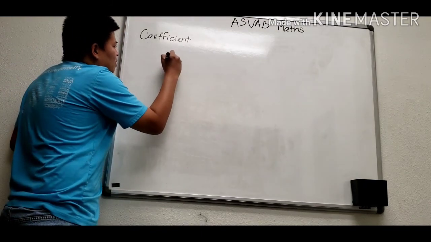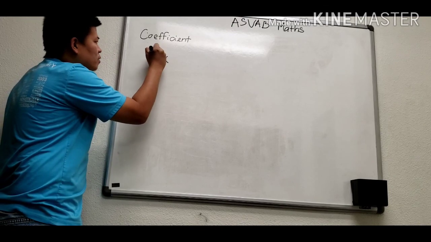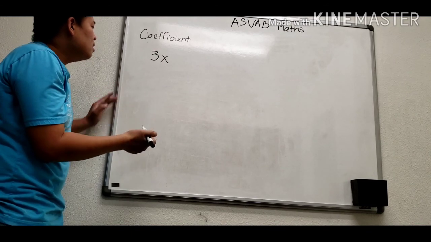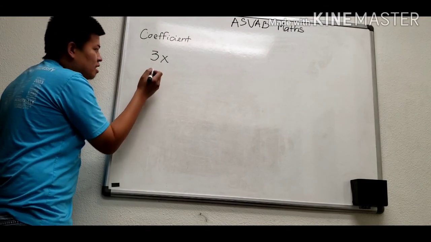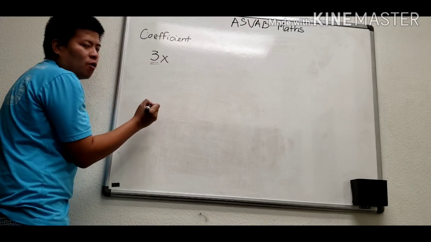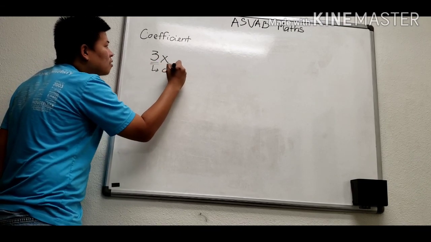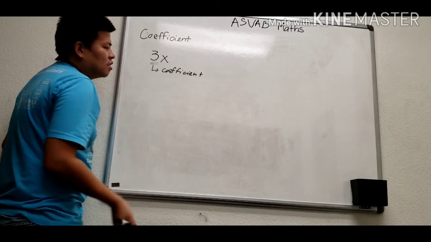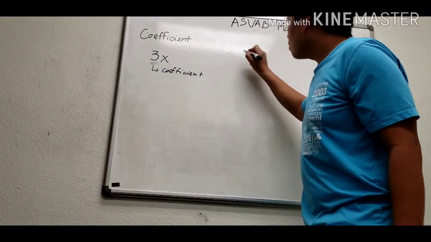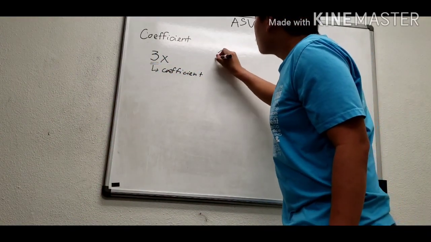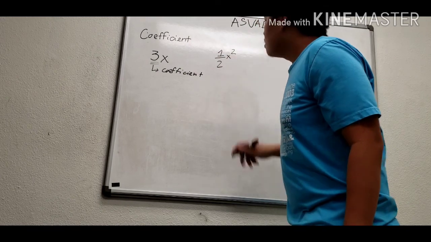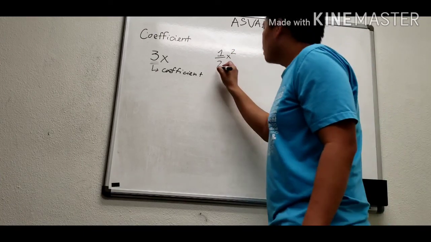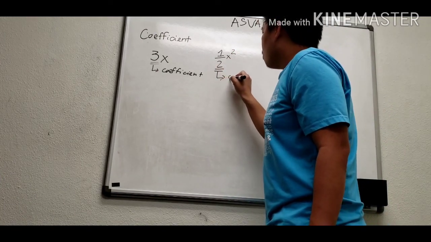For example, we have S here, and 3S. This is a simple way to illustrate what a coefficient is. We have S here and the number 3 here, and that's the coefficient. Similarly, we have 1 over 2 with S power 2. This is also a coefficient.